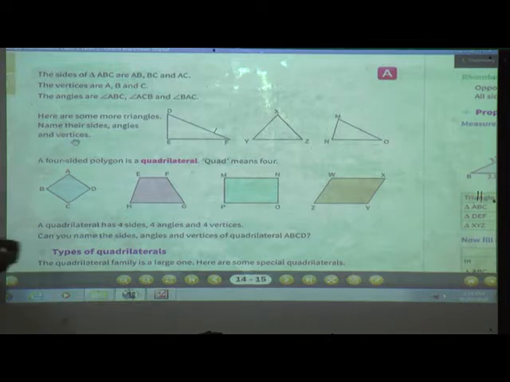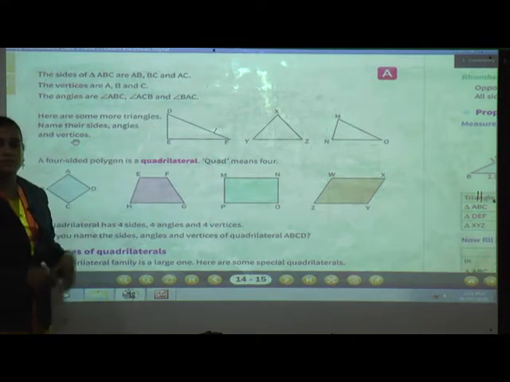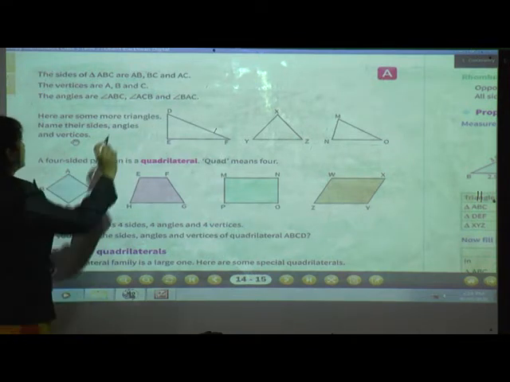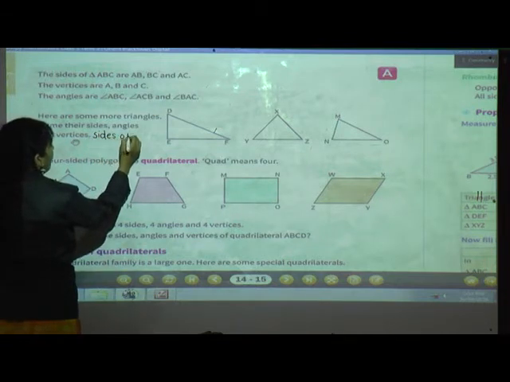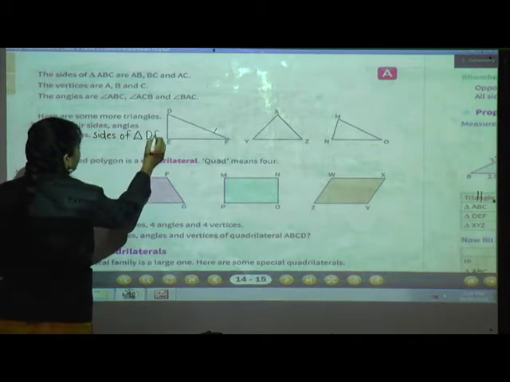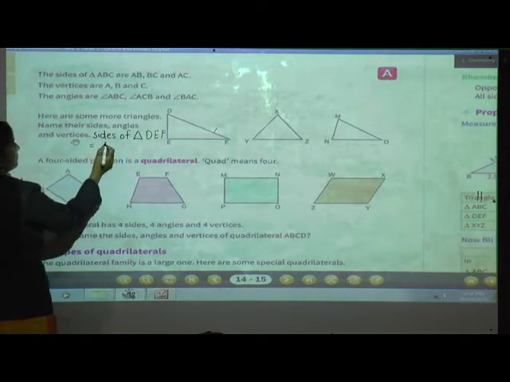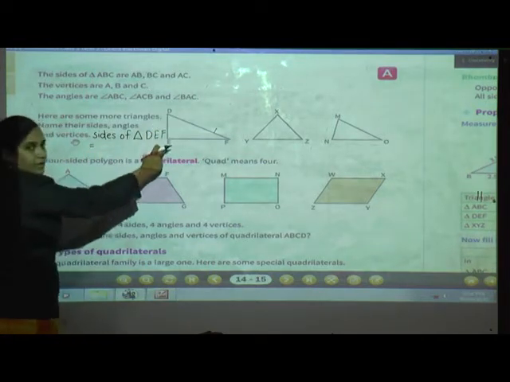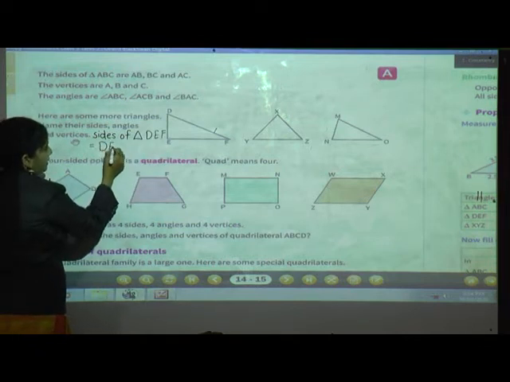Yes students, tell me sides of these triangles. Sides of triangle DEF are, first one, side DE.